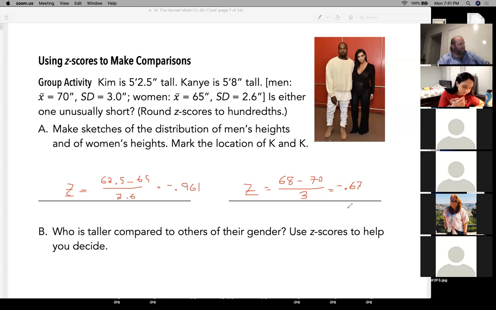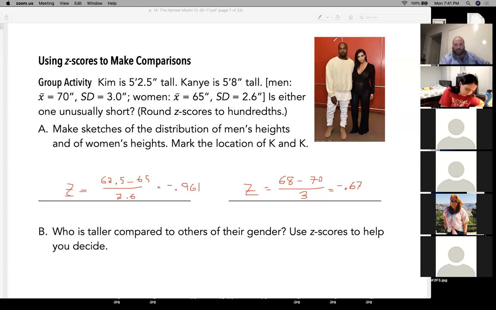Kim is 1 deviation down approximately, whereas Kanye is 2/3 of a deviation down. So Kanye is taller in regards to other men than Kim is in regards to women. Does that make sense?